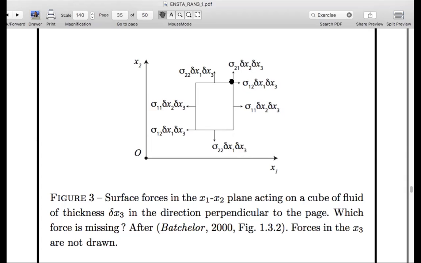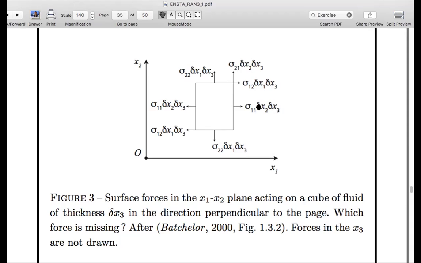We've done that surface, that surface. We could do this surface and this surface. Maybe I'll do one more. Let's do this surface, because this one's a little bit easier, right? Because the normal is in the positive x1 direction. So the force in the x1 direction is the normal force. So it's sigma 1,1 times the area here, which is the length times the thickness. So the length is delta x2 times the thickness that we can't see, delta x3.